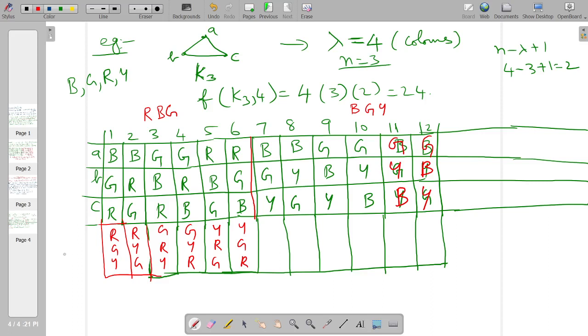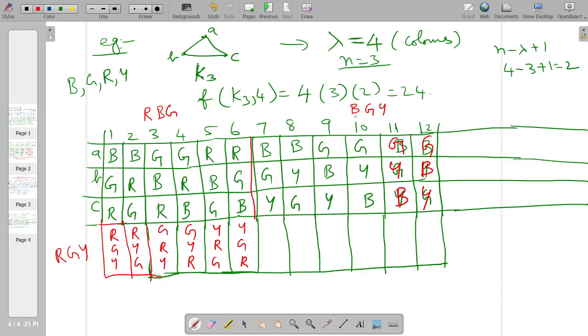Now I'll have 4 ways, so I can select what is the remaining part.